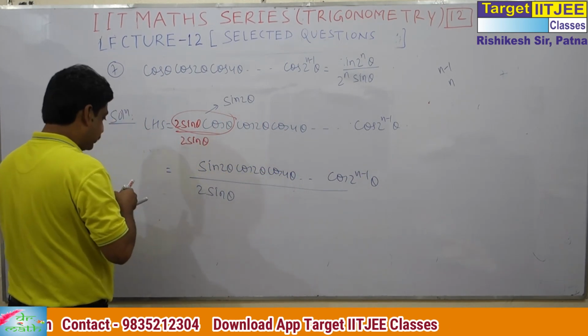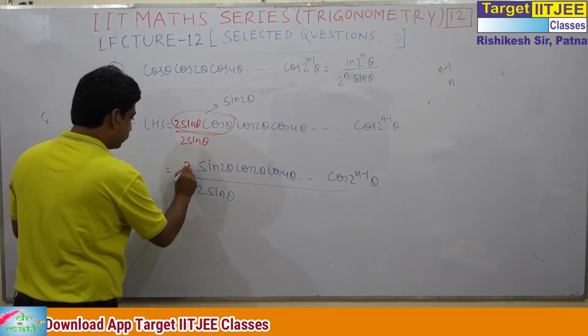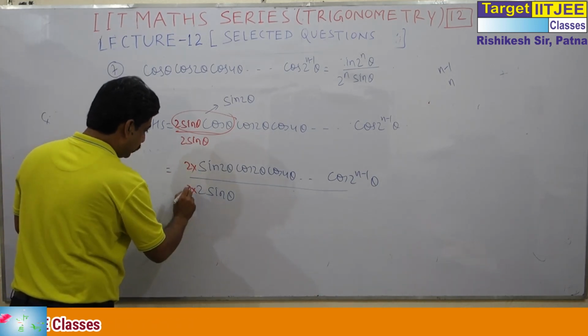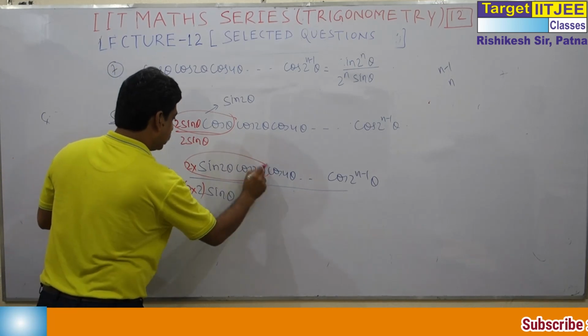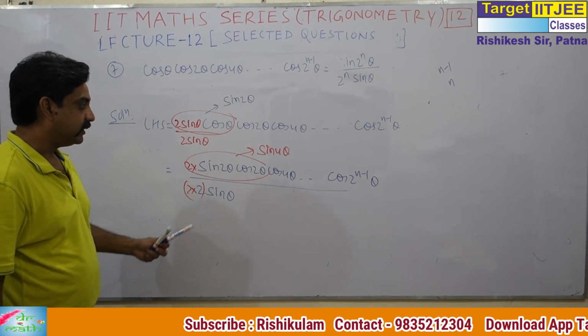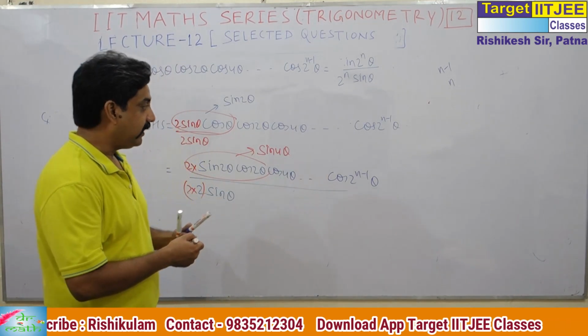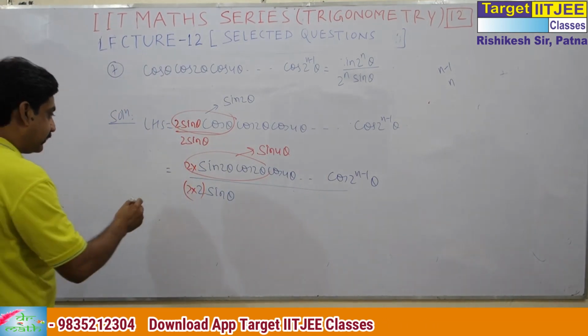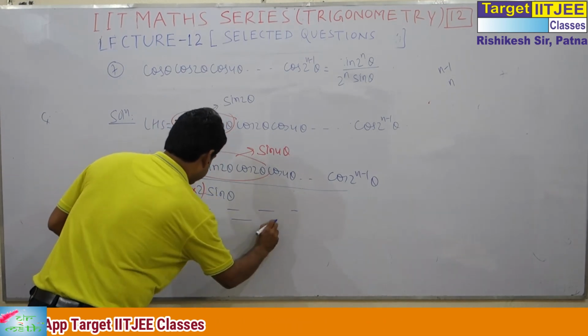Again multiply by 2. So this is 2 into 2 squared. This is sin 4 theta. Again multiply by 2. This is sin 8 theta. And what do we get finally? We finally get steps like this.